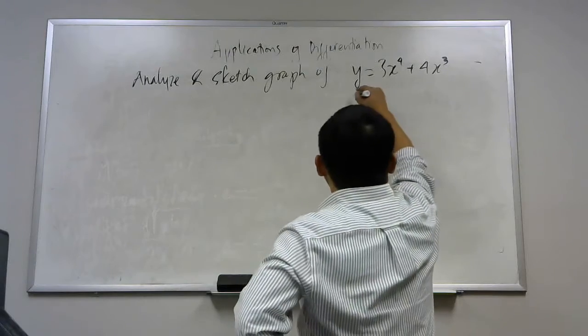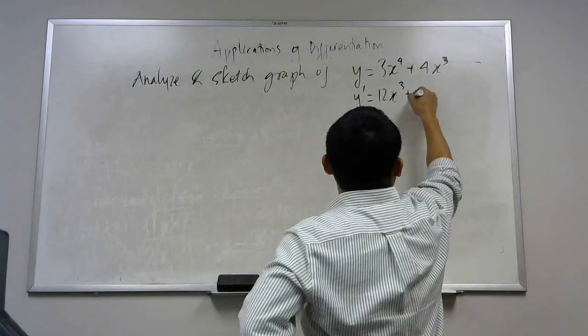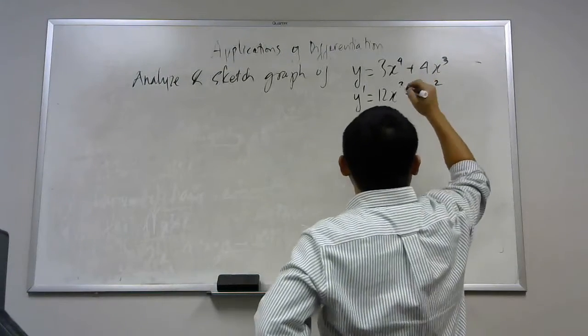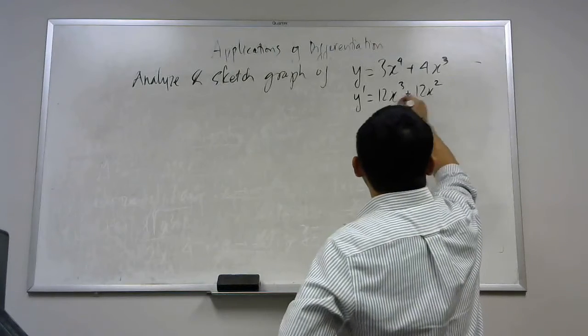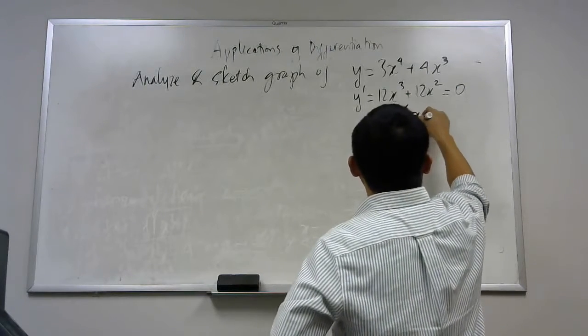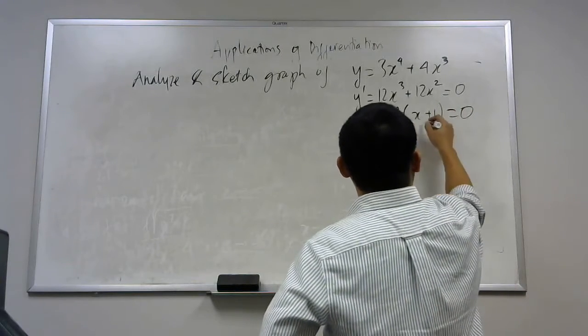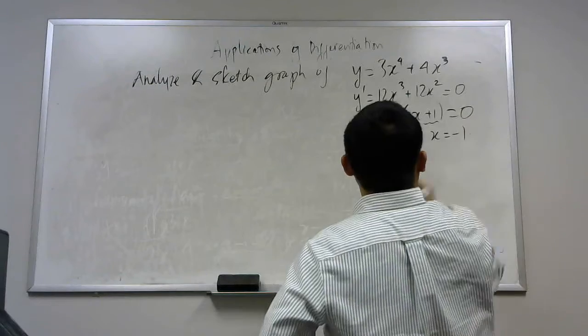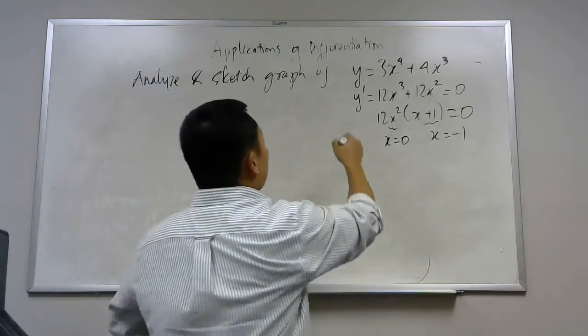Let me take the first derivative, and that is 12x cubed plus 12x squared. Using the first derivative, let's find critical points. We set this equal to 0. So you have 12x squared times (x plus 1) equal to 0. From here you get x equals 0, and from here you get x equals negative 1. So the function has two critical points.